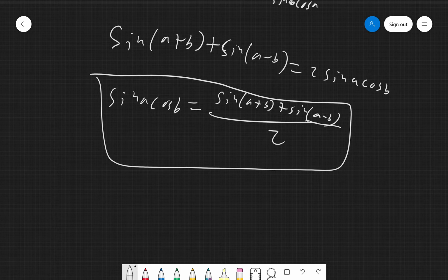Yeah, this was product to sum. Now we're gonna do sum to product, and difference to product. Last time, what did we do? We did product to sum, right? We did product to sum and product to difference, I guess, but I just like sum to product and product to sum, but I don't like difference to product and product to difference. But yeah, so now we're gonna do sum to product and difference to product.